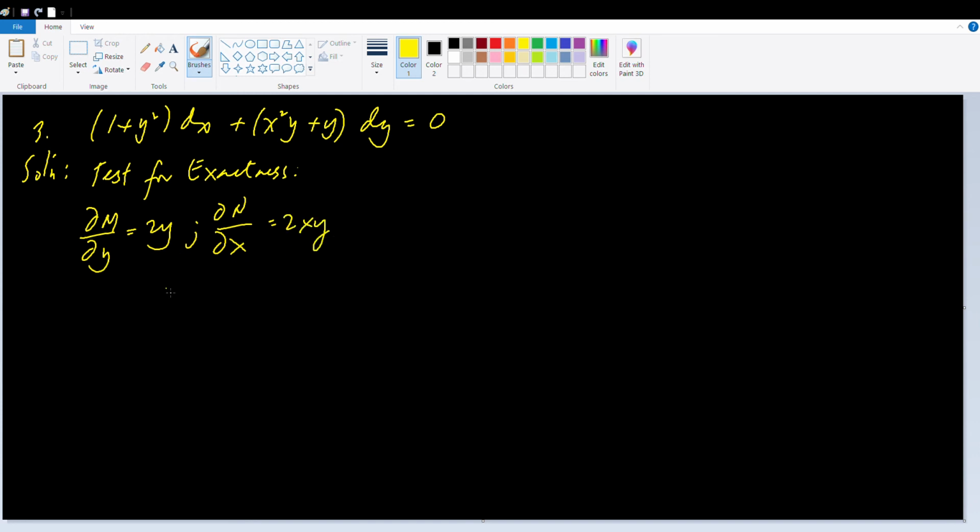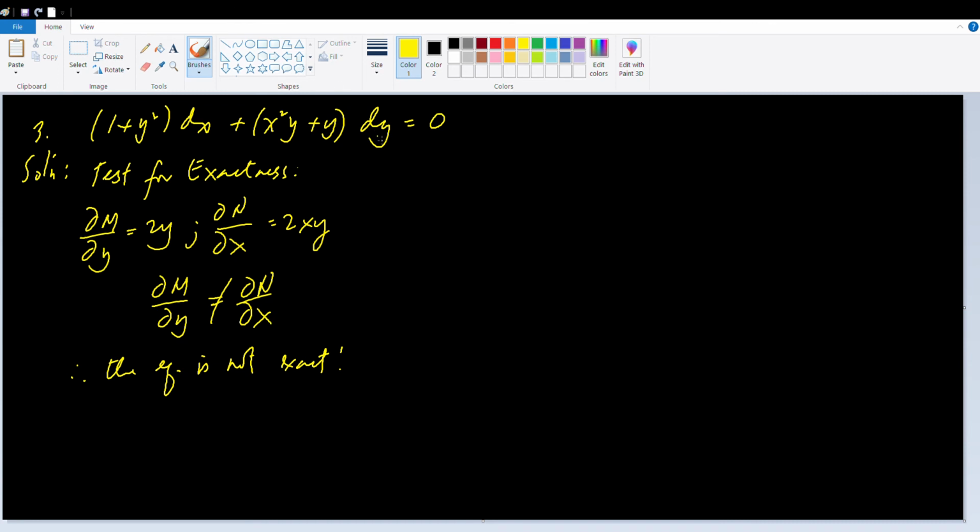And we see that partial of m with respect to y is not equal to partial of n with respect to x. So therefore, the equation is not exact. Alright? So we pause for a while and then find out how to solve this equation.